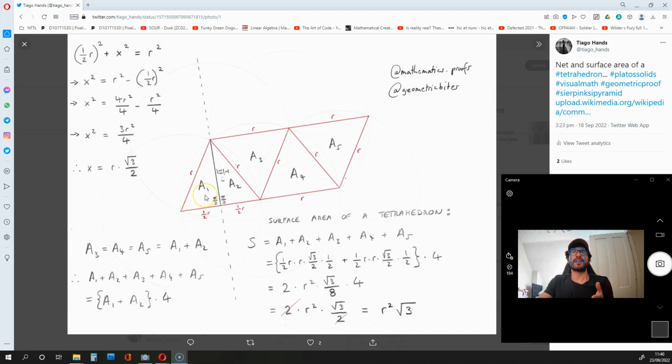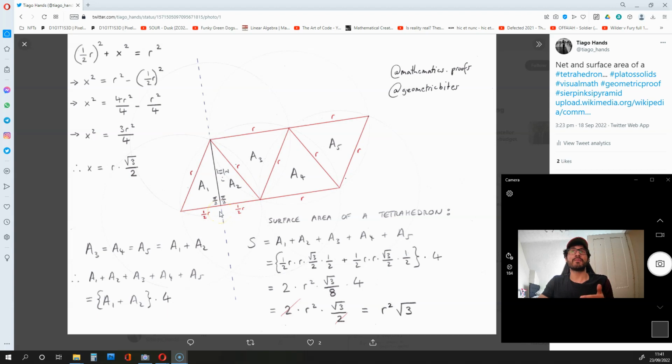So A1 is actually a right-angled triangle because this line here at the bottom has been split in half by a perpendicular bisector. Okay, so let's say for that A1, the adjacent side is half r, because this line has been split in half.